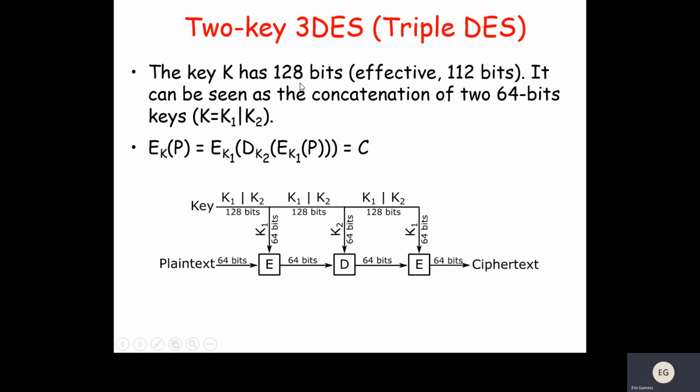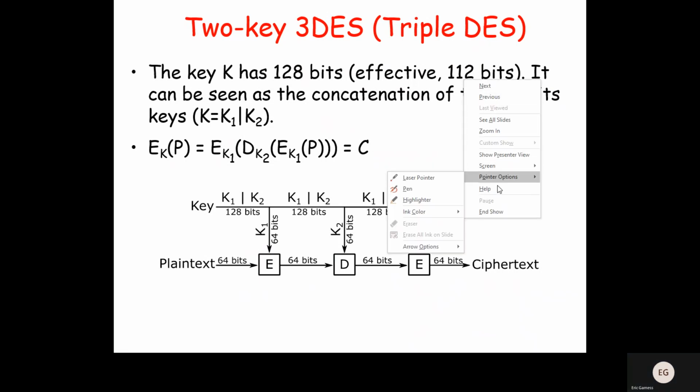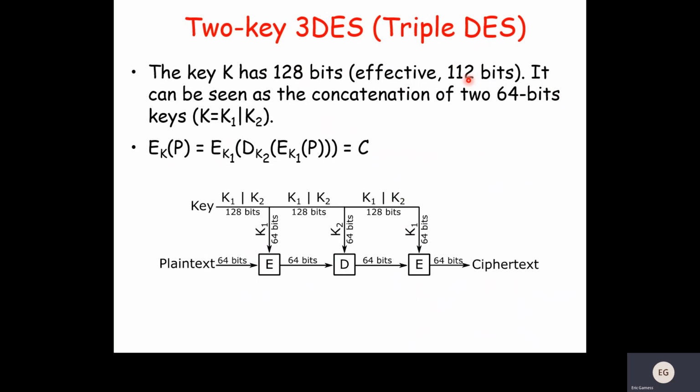If I use 2 keys of 64 bits, 64 times 2, the key K will have 128 bits. But remember that really it's only 56 bits. So the effective key will be 56 times 2, and 56 times 2 is 112. So the effective key will be 112 bits.